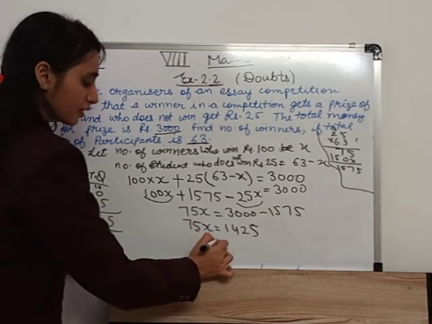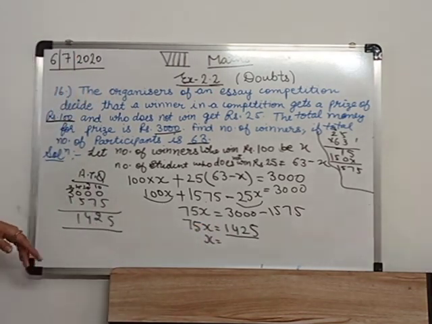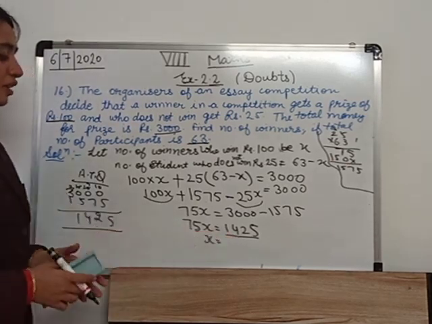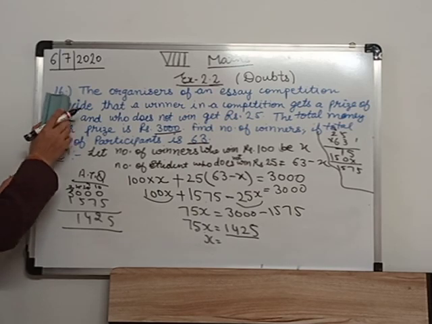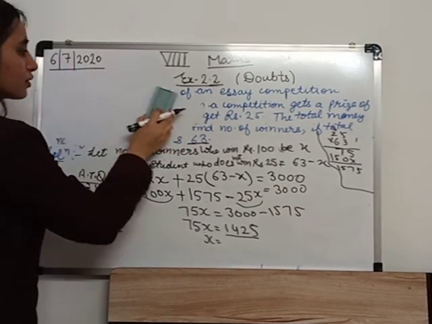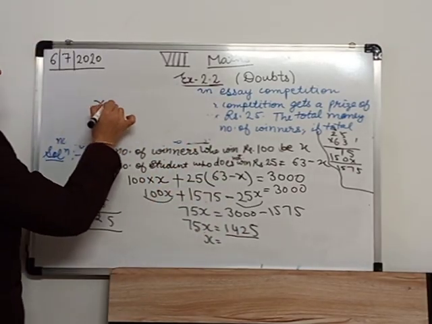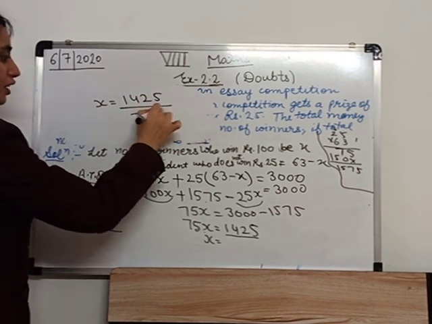Now x is equal to 1425 divided by 75, because 75 is in multiplication with x. When we shift to the right side by using the transposing rule, it comes with a division sign on the right side. Now the value of x is equal to 1425 divided by 75.